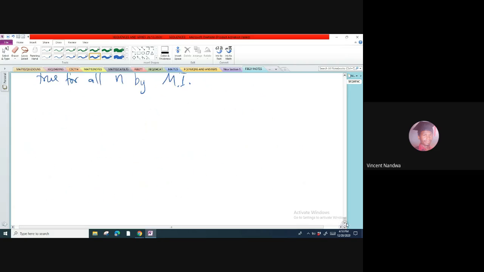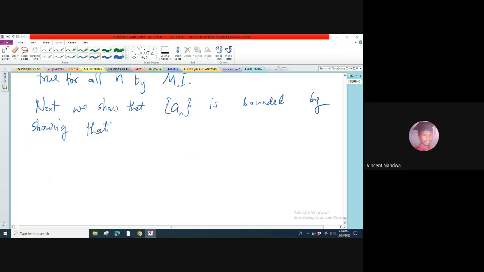So the last step now, we need to show that the sequence is bounded. So next, we show that an is bounded by showing an is less than 6 for all n.